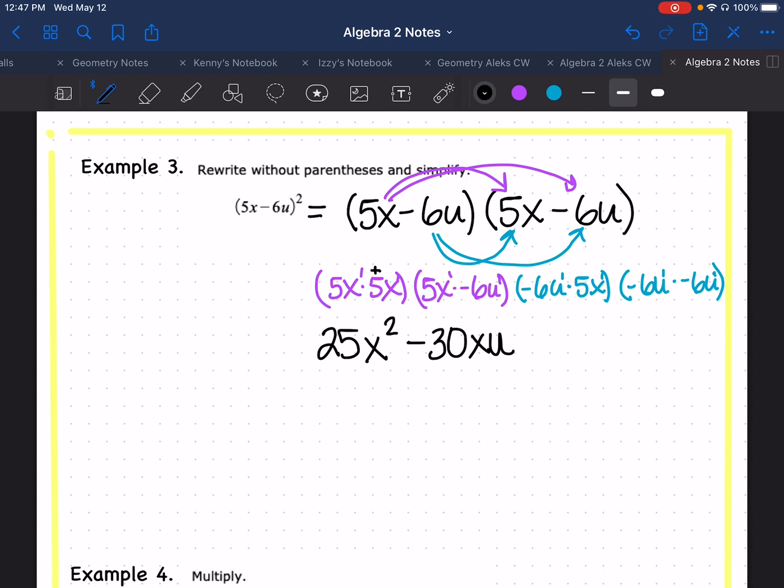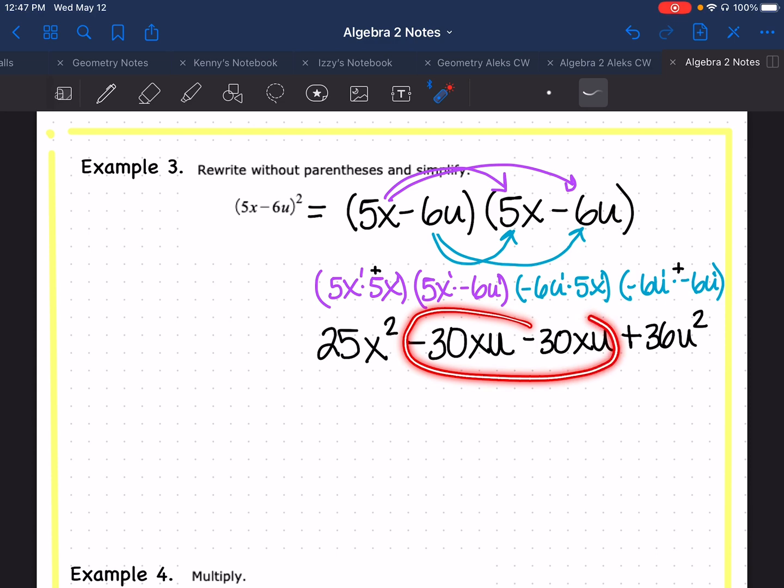The next one would be negative 6 times 5, negative 30. And since I chose xu, I'm going to leave it as xu, even though it looks like ux, because they are the same. And then for the last blue, it's going to be negative 6 times negative 6, which is positive 36. U and u I can add together to be u squared. Notice that right here in the middle, these two are exactly the same.